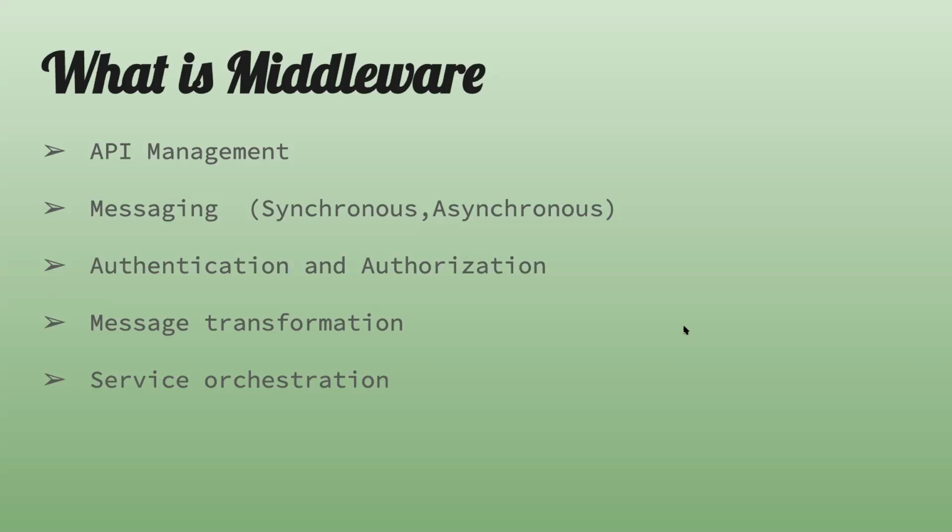Both synchronous and asynchronous messaging are integrated into middleware. We can say that HTTP 1.0 is a synchronous messaging style, with a request-response pattern. In asynchronous messaging, we use libraries like RabbitMQ and Kafka.